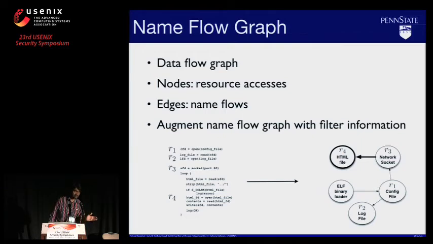A name flow graph is basically a data flow graph in which the nodes are individual resource accesses and the edges indicate the flow of a name from a source resource that is used to open or fetch a destination resource. In addition, we will augment this name flow graph with filter information about name and binding filters.